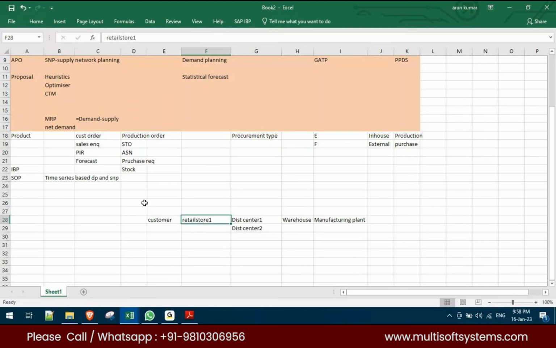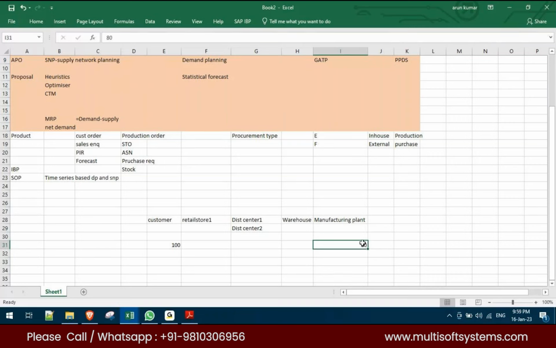So if they run the heuristics, it thinks that I have to fulfill my customers at any cost. Even if my manufacturing plant's capacity is not able to fulfill, let's say 100 is the overall customer demand, and I flow through this supply chain, and when I come to the manufacturing plant, maybe there are some stocks here, and netting those stocks I get 80 remaining to be manufactured, but my capacity is 50.